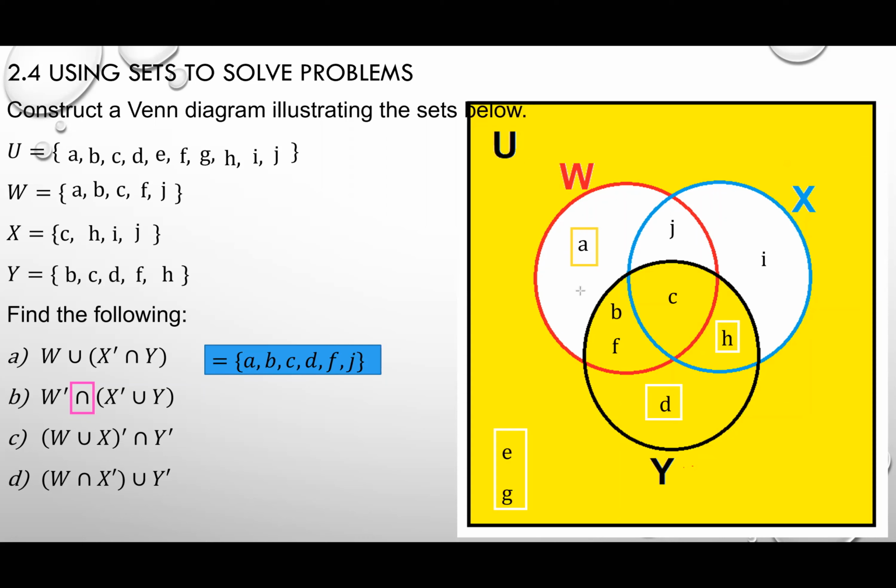Within the yellow shaded item, which of the yellow shaded item is outside of the W circle? That is what you need to see, those 3 items. I put them red because anything in red is not in W, right?